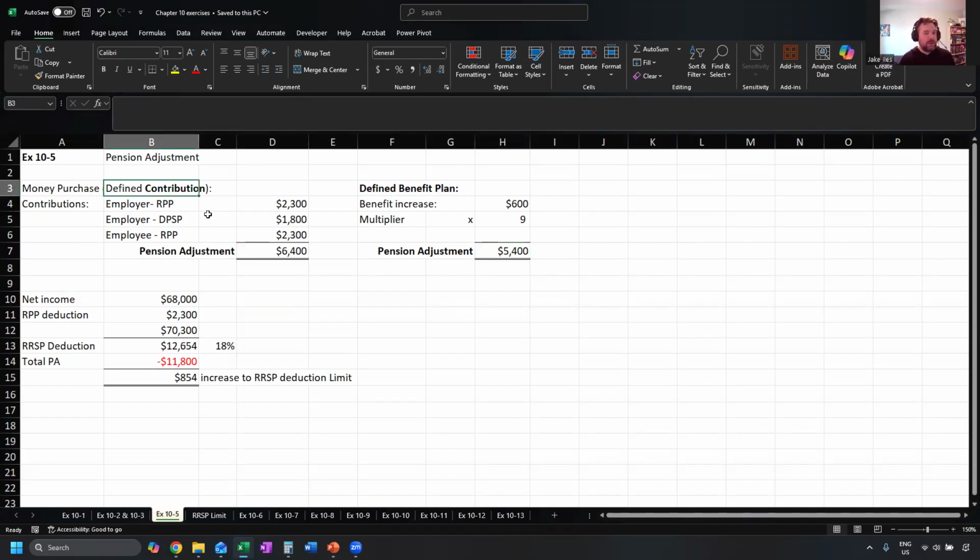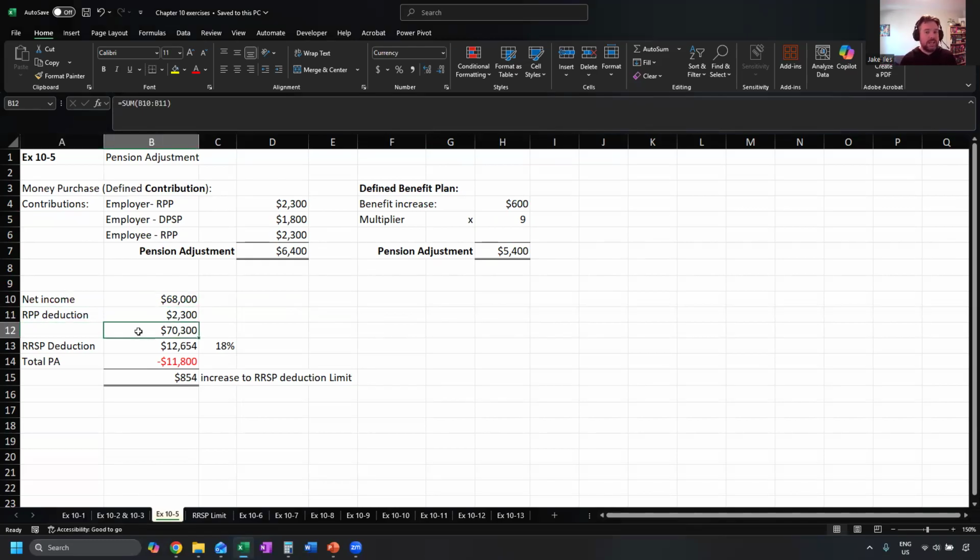So defined contribution is easy. Any dollars we put in, those are the dollars that are adjusted. Defined benefit, we need to know the change in the benefit and we'll multiply that change by 9 to get the pension adjustment.